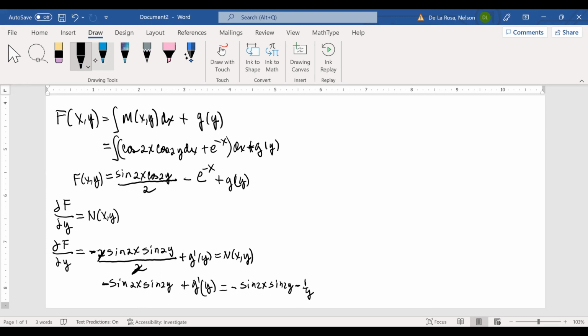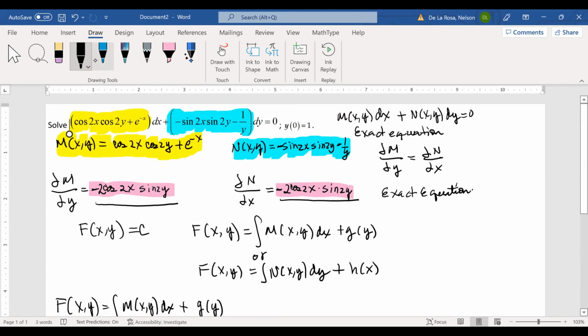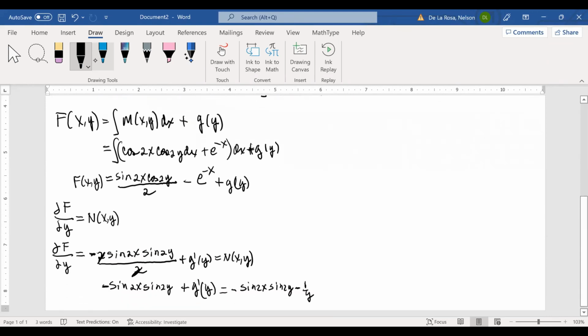So this N is that expression multiplying the dy, the one in blue. So this term and this term are the same, so we can cancel them. So we have g prime of y equal to negative 1 over y. So we integrate both sides. So g of y is equal to negative ln of absolute value of y.